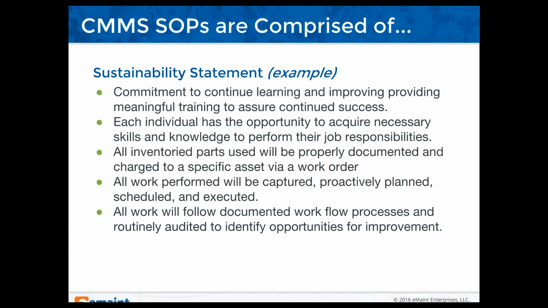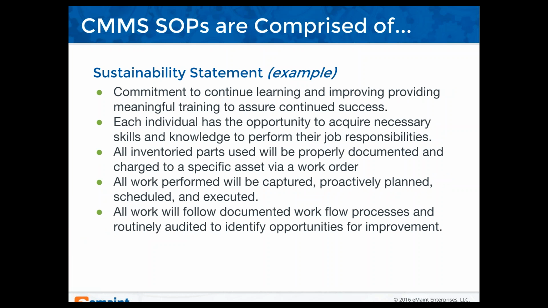Another component might be a sustainability statement, where there's a commitment to ongoing learning within your organization. So it's not just about the CMMS software, nor is it about specifically the asset world, but this is the resource world, the people world.